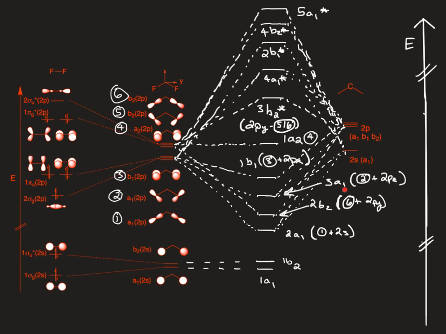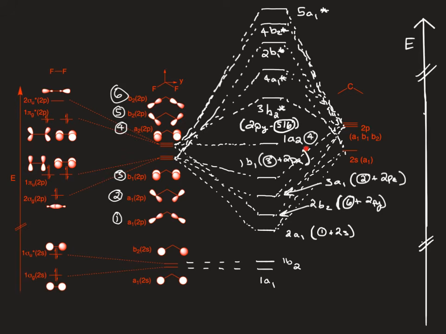We have this A1 combination primarily from this A1 SALC on the F2 and the 2pz, but there's also significant mixing in from this 2s orbital and this A1 SALC. We have the B1 combination from the px orbital on carbon and this B1 SALC from the F2.